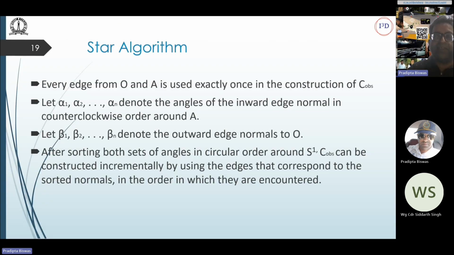Okay. So next we will discuss the star algorithm. This is the standard algorithm for how we can exactly define the contour of a configuration space. In defining the star algorithm, these are more generic steps.